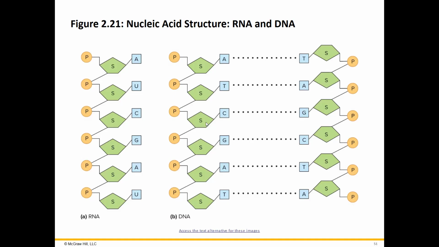We have DNA. We have phosphate. We have sugar. Deoxyribose is the sugar. We have the nitrogenous bases. You will notice similarities, A's, C's, and G's. This is the hydrogen bonding here between the double helix, and this is all twisted, obviously.